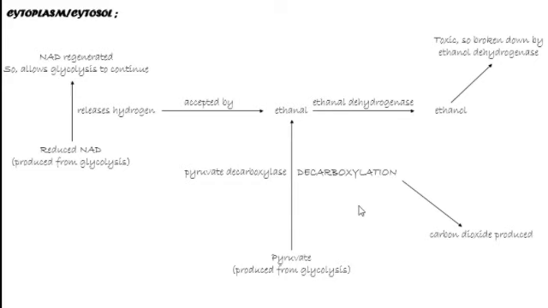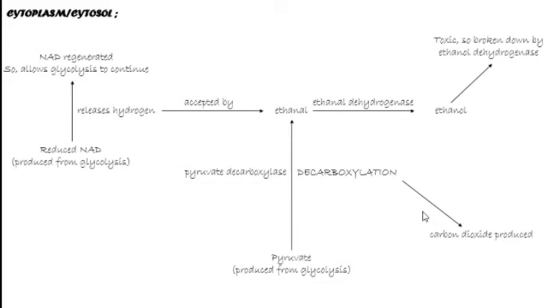As the name suggests, decarboxylation is the removal or elimination of carbon from a compound, and decarboxylation of pyruvate means that carbon is being removed from the pyruvate molecule. Whenever carbon atoms are removed, they cannot exist on their own, and therefore carbon will form carbon dioxide.